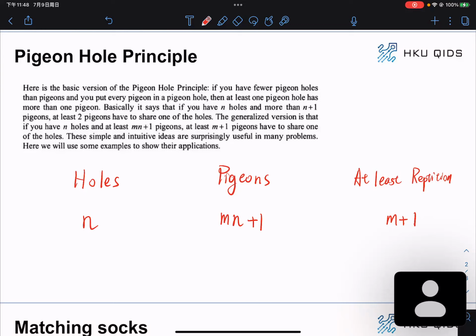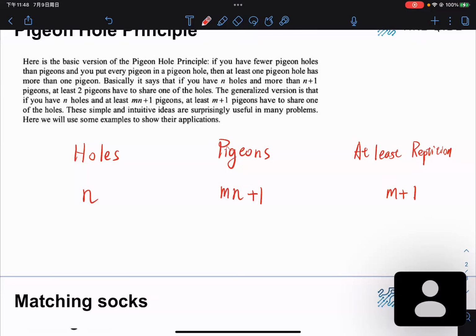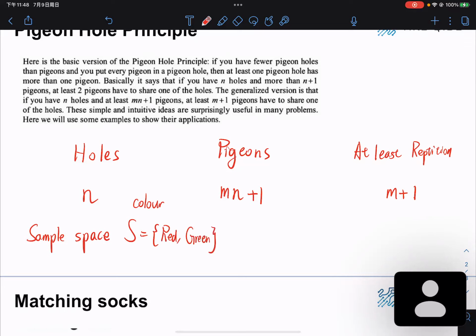What does it mean? So now I'm trying to convert them into statistical language. This hole is actually our sample space. For example, if we use color as an example, there could be red, green, or something like that.